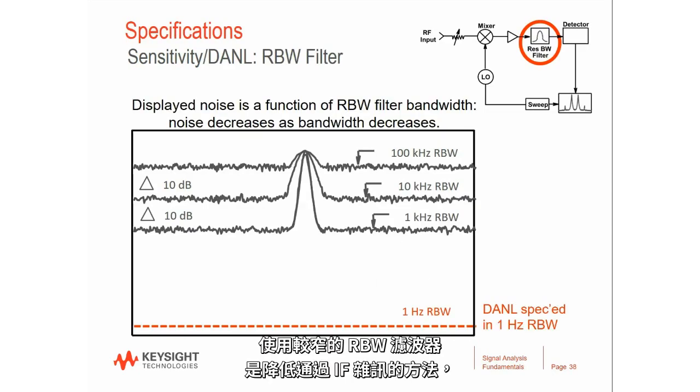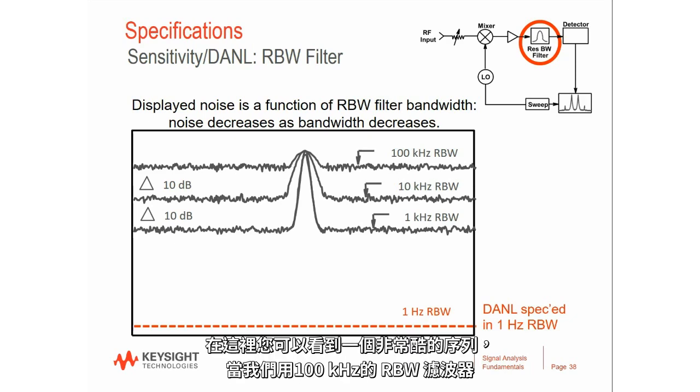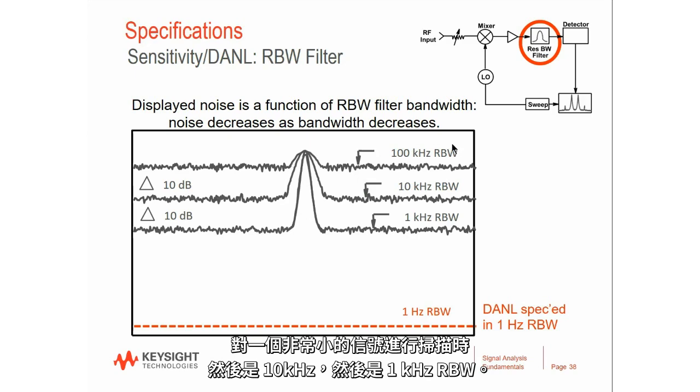Using a narrower RBW filter is one way of reducing the noise that goes through the IF section. And here you see a really cool sequence of traces where we took a sweep of a very small signal with a 100 kilohertz RBW filter and then 10 kilohertz and then a 1 kilohertz RBW.